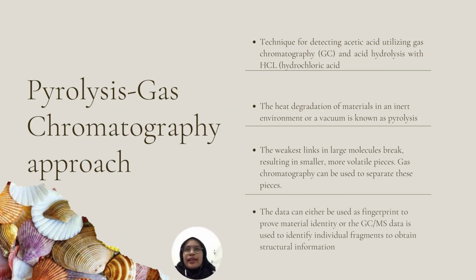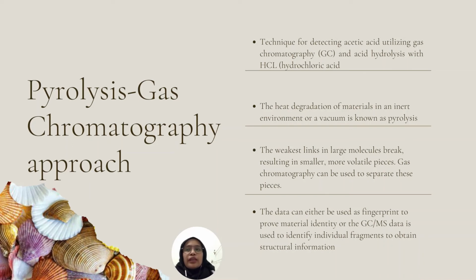Next is pyrolysis gas chromatography, a technique for detecting acetic acid utilizing gas chromatography (GC) and acid hydrolysis with hydrochloric acid. The heat degradation of materials in an inert environment or a vacuum is known as pyrolysis. The weakest links in large molecules break, resulting in smaller, more volatile pieces.